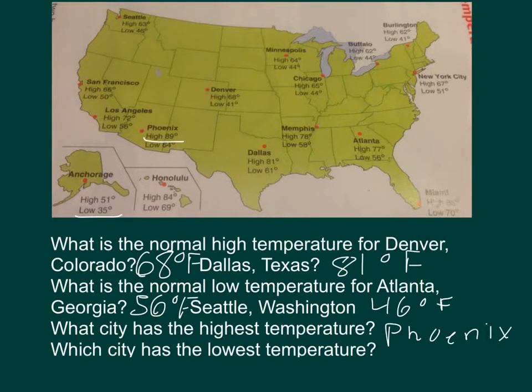And that's not in the continental United States. It's not directly attached to this landform, but it is part of our country, Alaska and Hawaii. And the low temperature there in the spring is 35 degrees. So Anchorage would be the answer to the question.